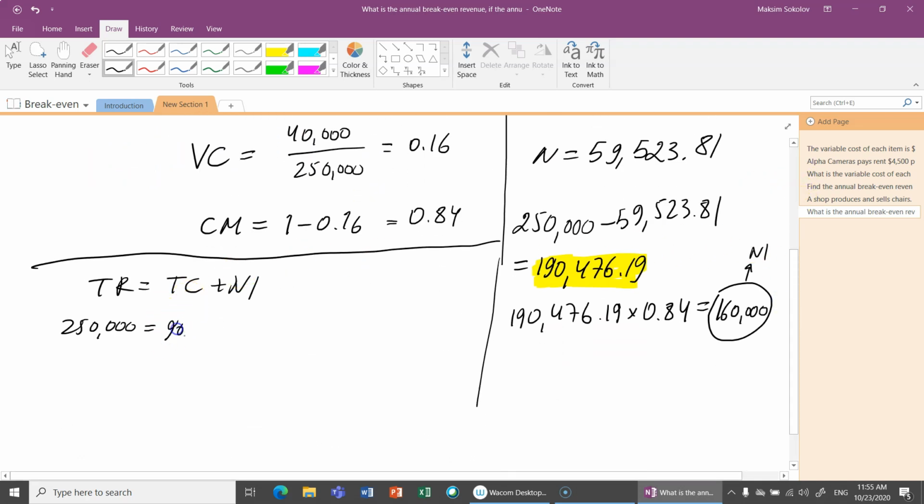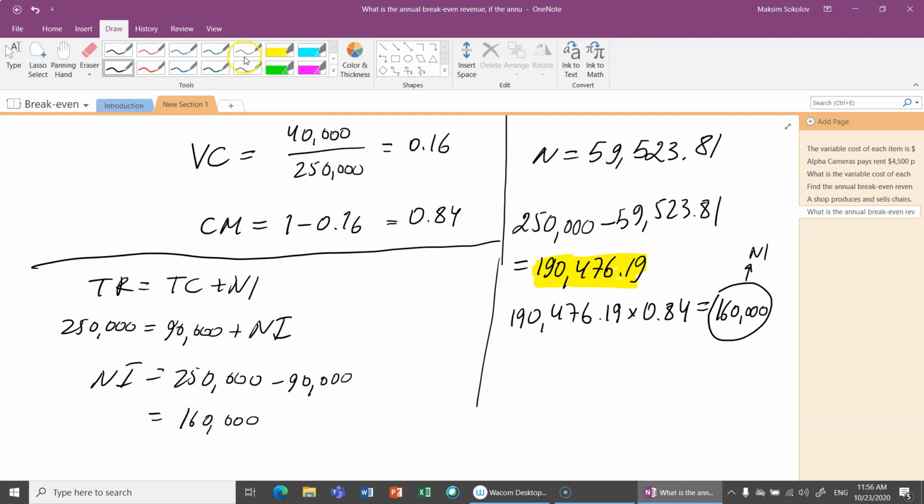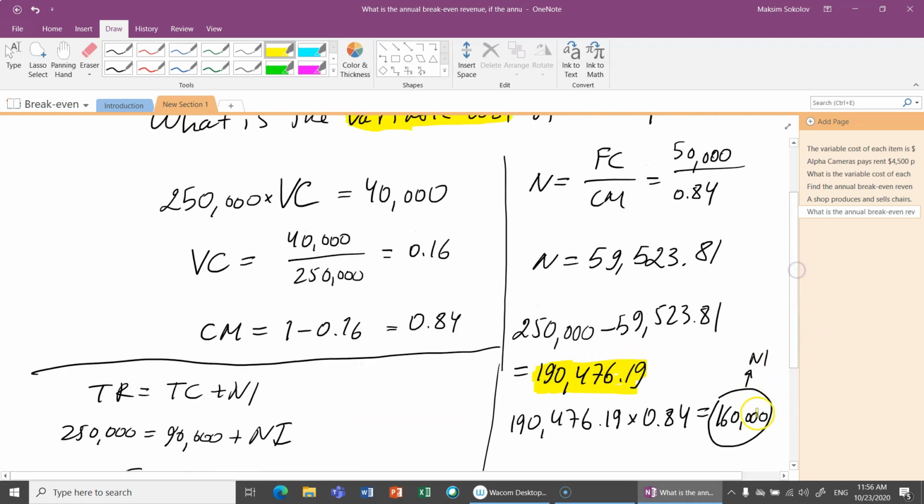So it's going to be $90,000 plus net income. So net income should be $250,000 minus $90,000, right? Which is $160,000. So as you can see, we have a complete match here. Net income from the general structure of this business should be $160,000, and we have it here as well, $160,000.